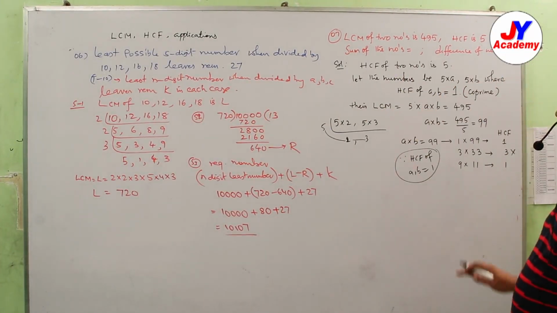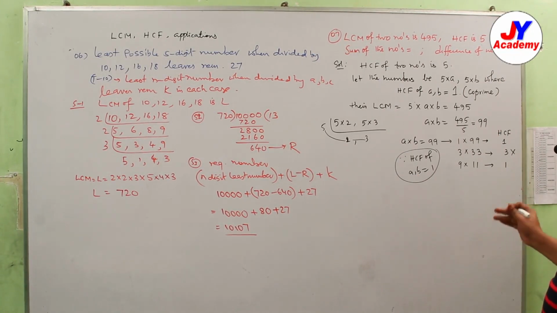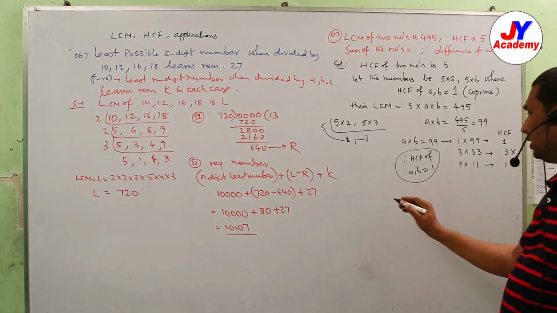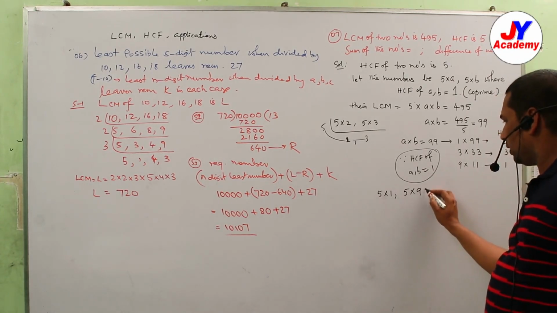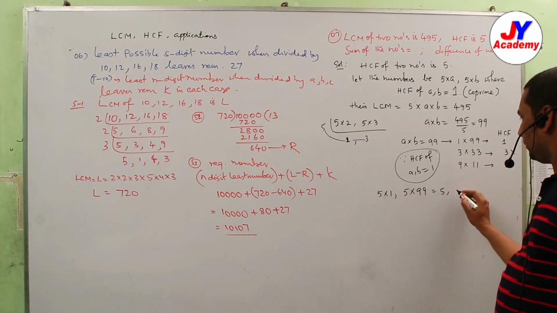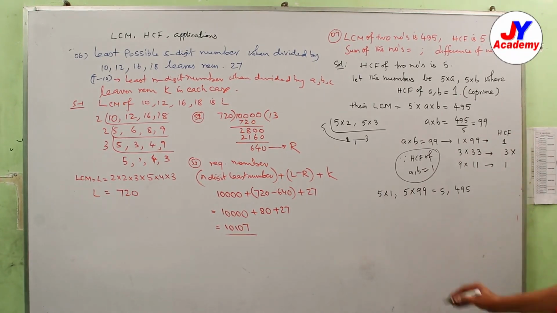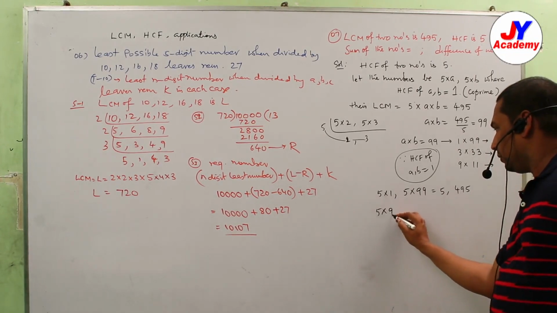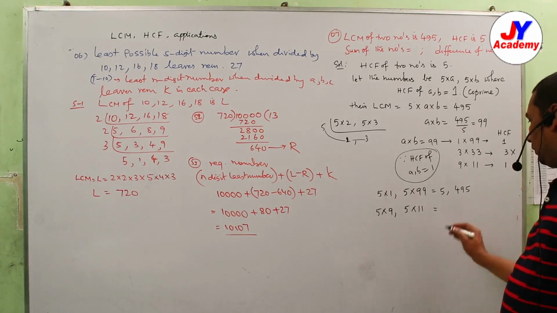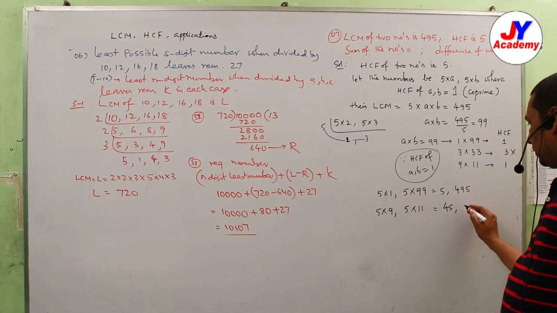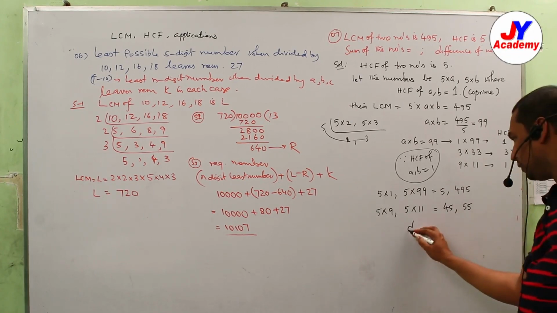So what are the possibilities we have to verify? 5 into 1 and 5 into 99, that is 5 and 495, that is one pair. Next 5 into 9 and 5 into 11, that is 45 and 55.